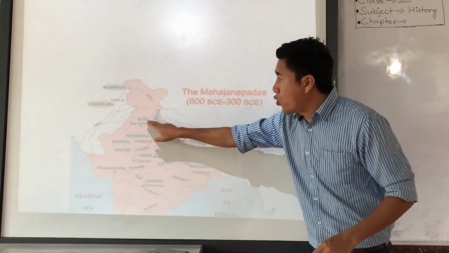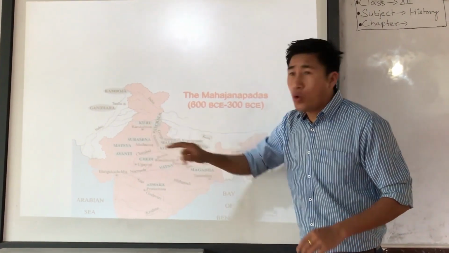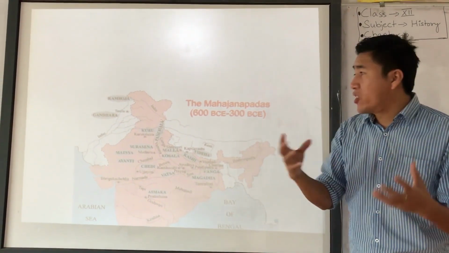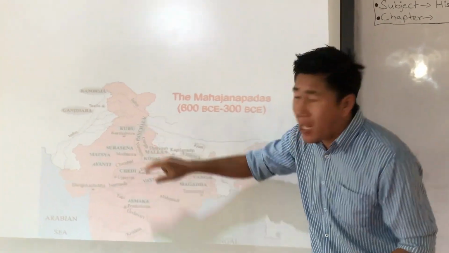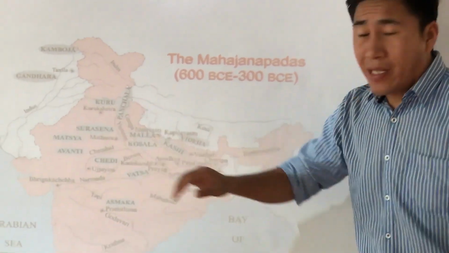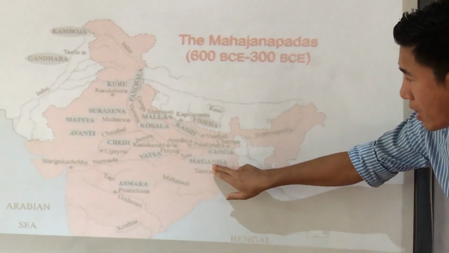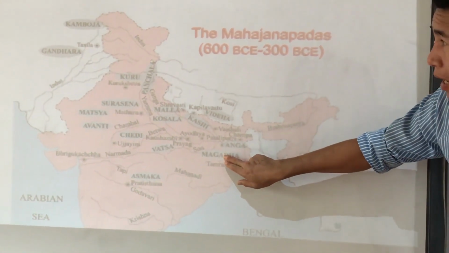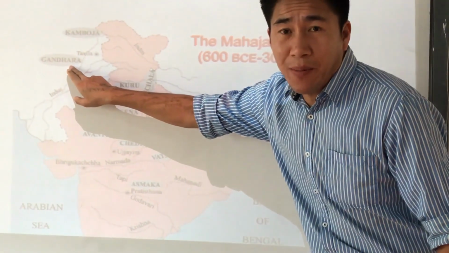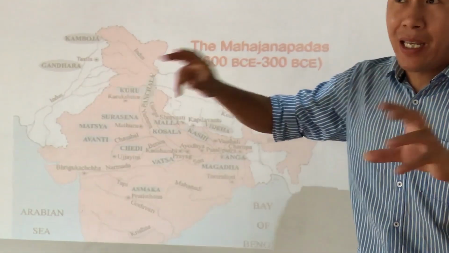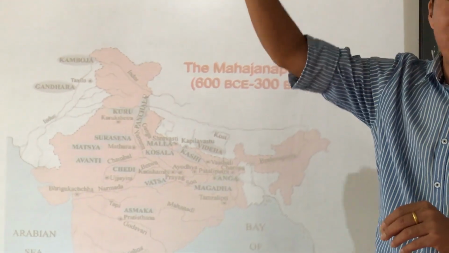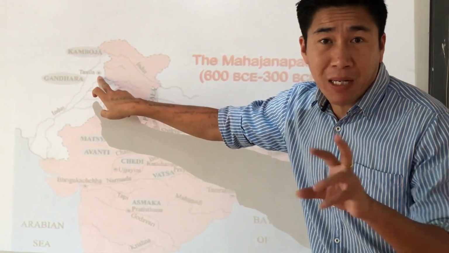Then we have Kuru in present day Haryana and Punjab area. Then we have Panchala, right? In present day, this is near the Kuru. Done? Okay, then here, see, Magadha in present day Bihar. Then we have Gandhara in present day Pakistan, right? In the northwest frontier provinces. Then we have Takshashila in Pakistan.